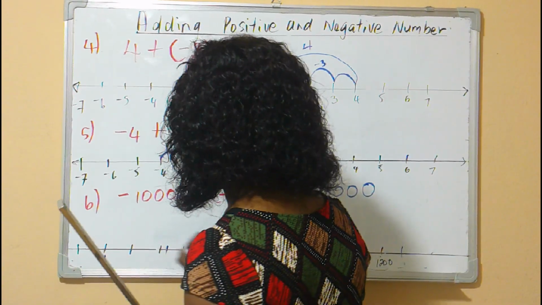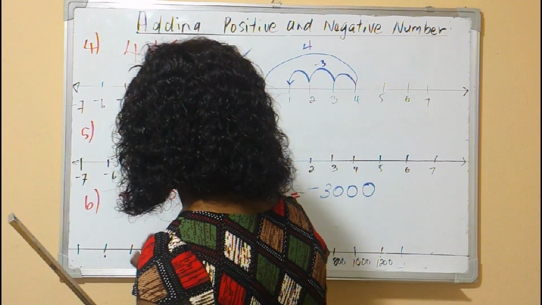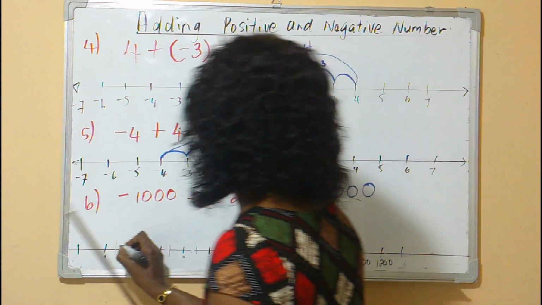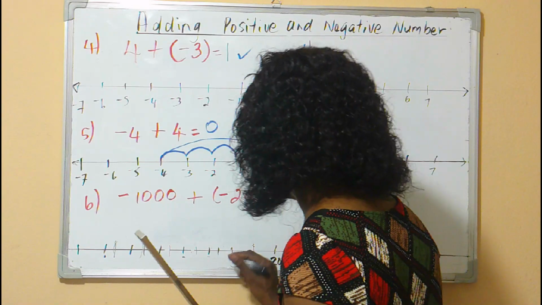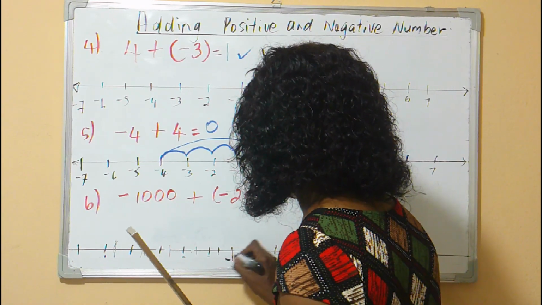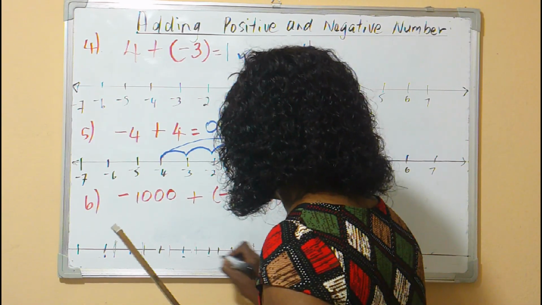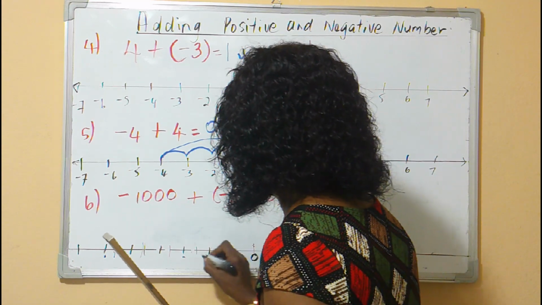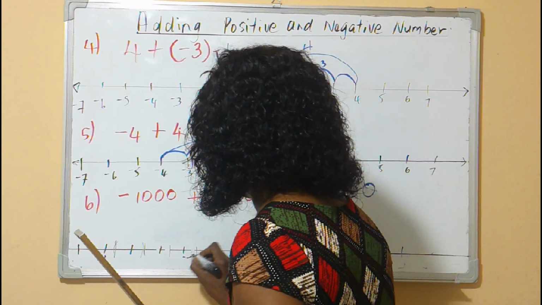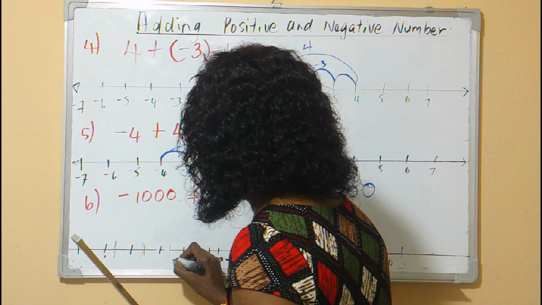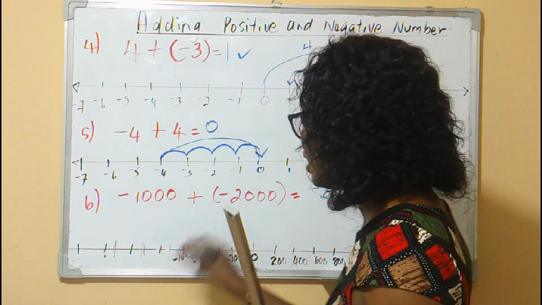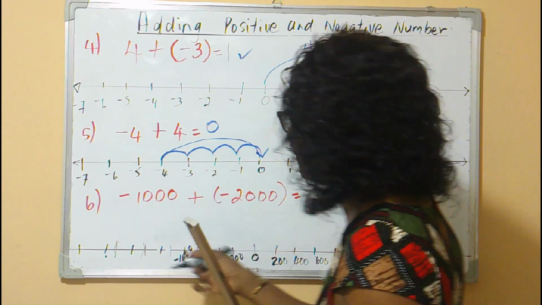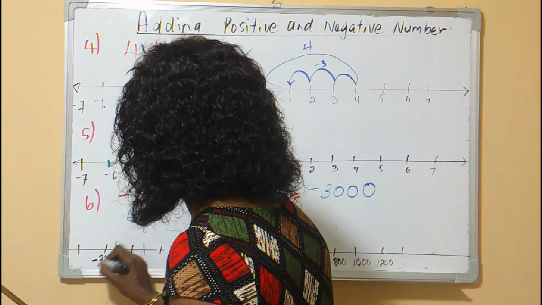So let me add it quickly. My marker is behaving badly. Negative 200, negative 400, negative 600, negative 800, negative 1,000, and you can go on and on until you reach negative 3,000.